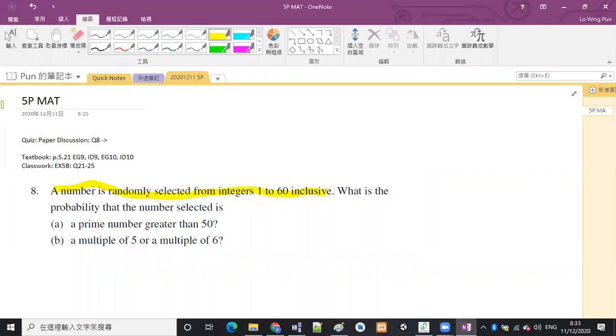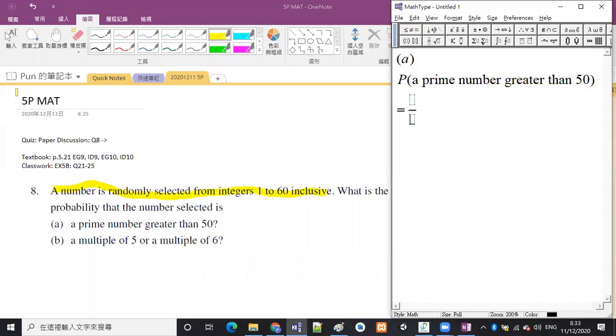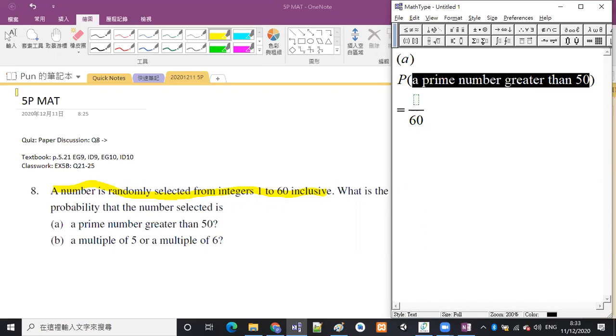So how many possible outcomes are there? Just 60. Get it? And then the numerator is, among these 60 outcomes, how many of them can satisfy this requirement? It is a prime number greater than 50.